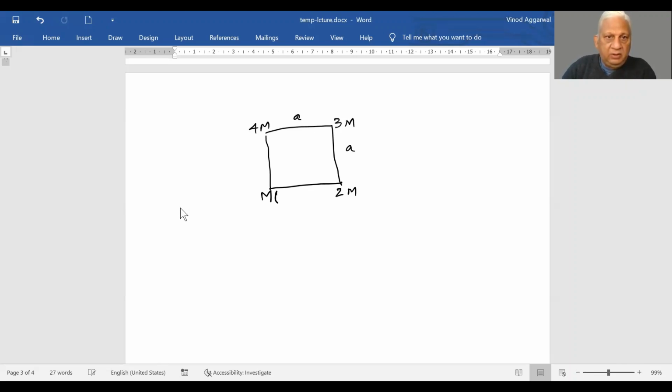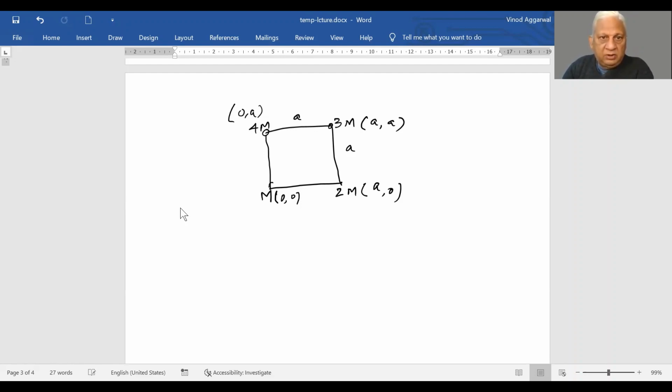Coordinate of this will be (0, 0). This will be (a, 0), and this will be (0, a).